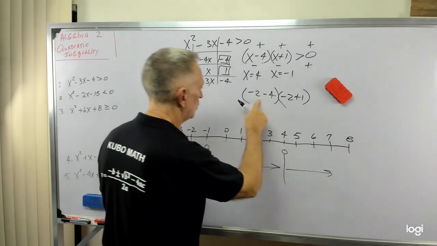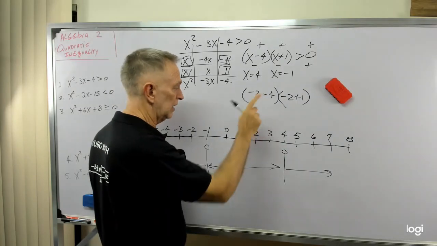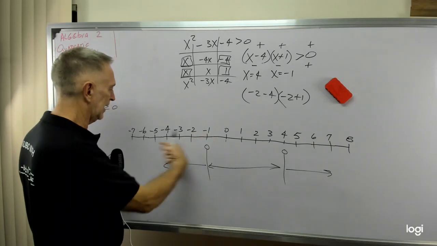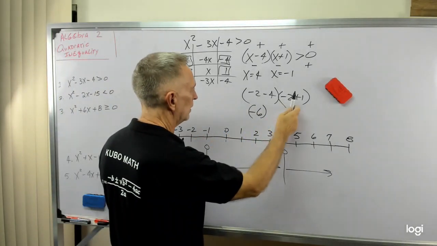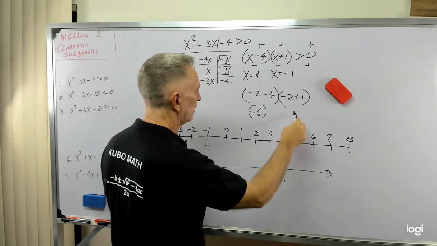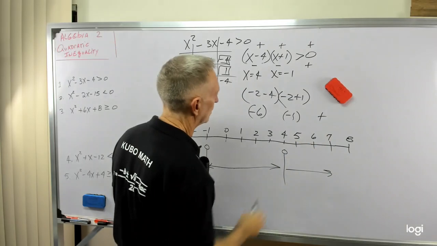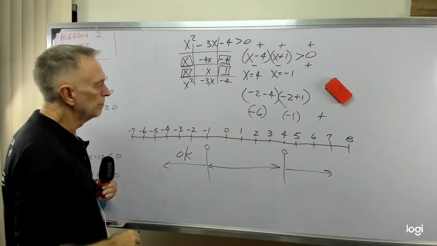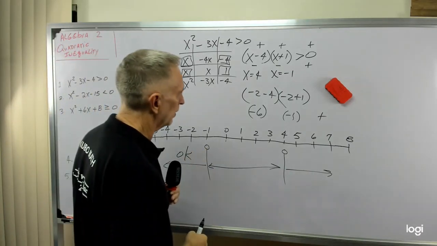Negative 2 minus a positive 4 is the same as plus a negative, so negative 2 plus a negative 4 gives me a negative 6. Negative 2 plus 1 is a negative 1. So negative times negative is positive. Okay, so this works. This region worked out for me.